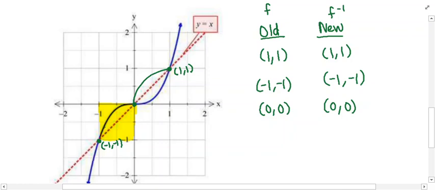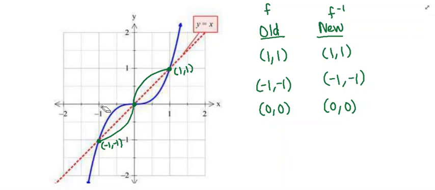Where is this blue curve going to go? It has to be a mirror image about this red dotted line, so it's going to look something like this. Now if I erase the yellow box, if you were to fold your sheet of paper along the red dotted line, the blue graph should lie on top of the green graph.